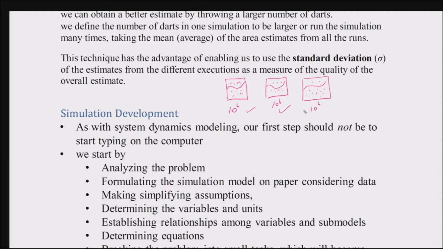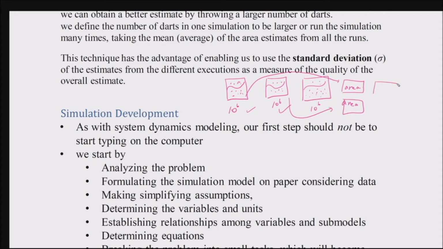So when you do this so many times, you get different values for your area, right? To improve the measured quality of this area, from here I get one area value, from here I get another value, and so on.